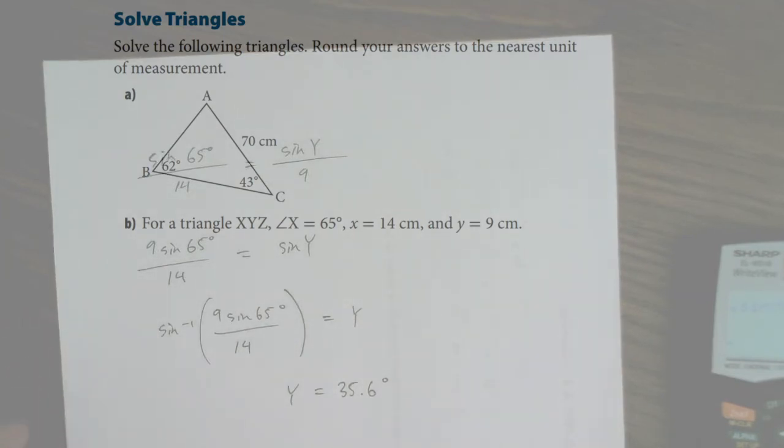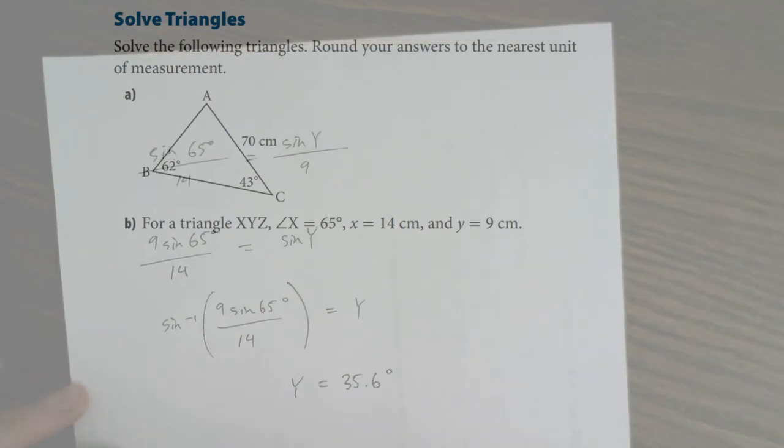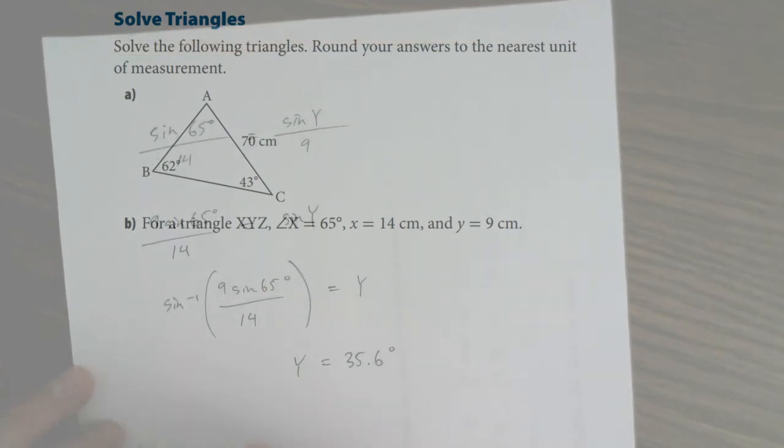So I've got two angles. Easiest thing to do right now would be to find the last angle. So that last angle is Z.